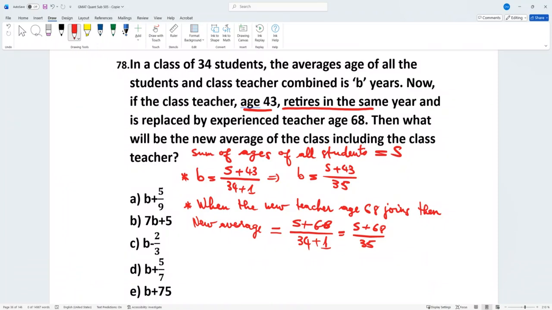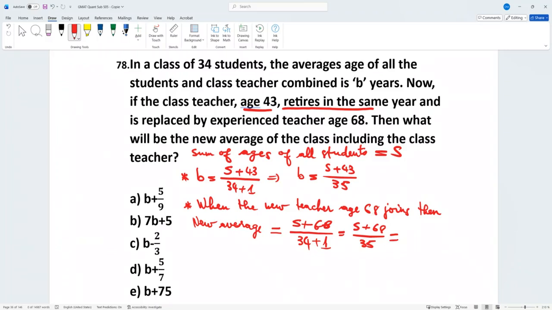Okay, and now it says then what will be the new average of the class, including the class teacher. So actually here, we are finding the new average of the class. In terms of B, we know that B here is the average of the class with the former teacher who was 43.